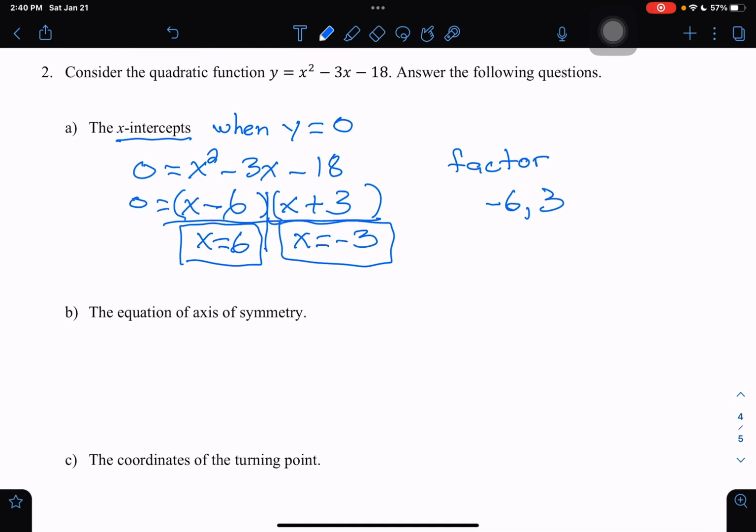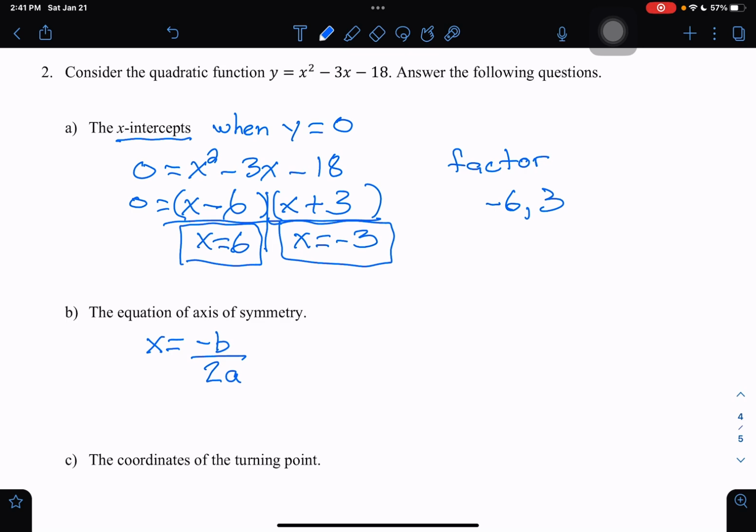The axis of symmetry, we always say negative b over 2a, but really the formal formula is x equals negative b over 2a. And this represents two things. Number one, the axis of symmetry. And number two, the x-coordinate for the turning point. It's both of those, because it's symmetrical about that point.